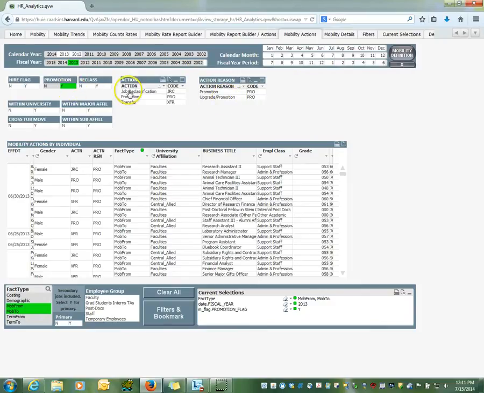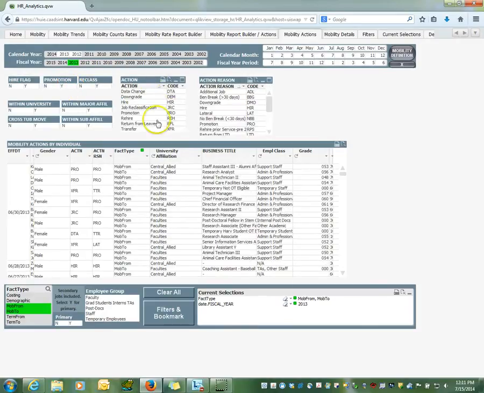So you can see that promotions are affiliated with job reclassifications, promotions, and transfers, and they have two different types of action reasons, but both with the pro code. If I deselect that by clicking on it again, you can see that the actions are more than that, and you have a scroll down list to see all of the action reasons.